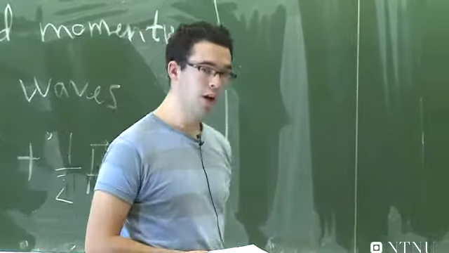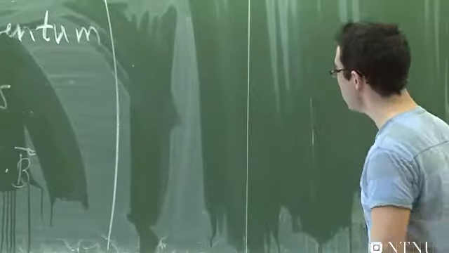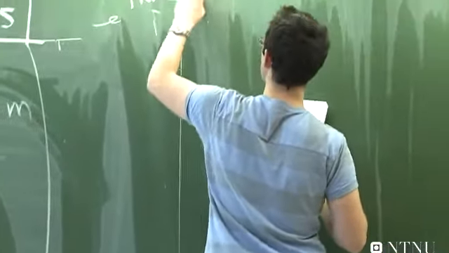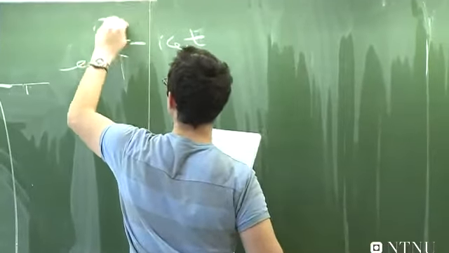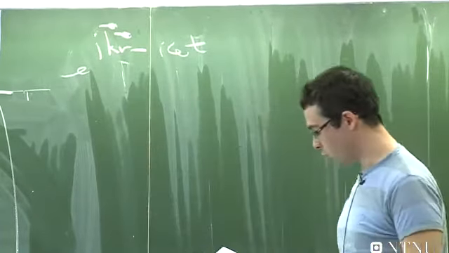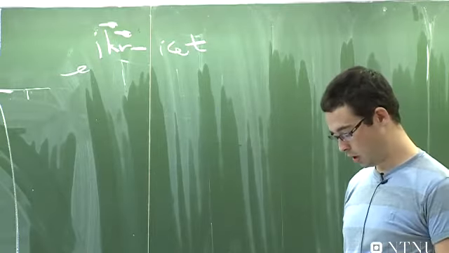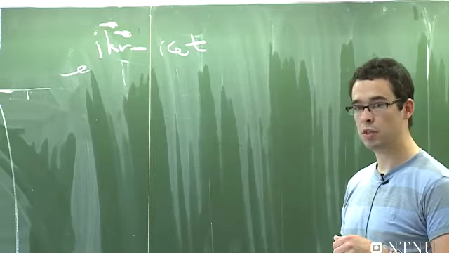And for waves, that is, if we have a dependency that looks like e to the i k x minus i omega t, we take the time average of the fields when we work with the complex fields.